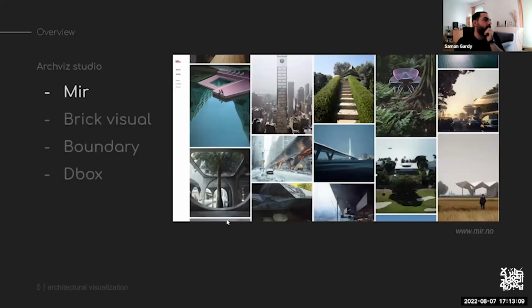First, I start with Mir, because if you make a search on Google, you will see these guys are number 1 in the industry. They are working with big names like Foster and Partners, Gensler, BIG, big architects. So you can see, for example, here, I just made a screenshot from their website.